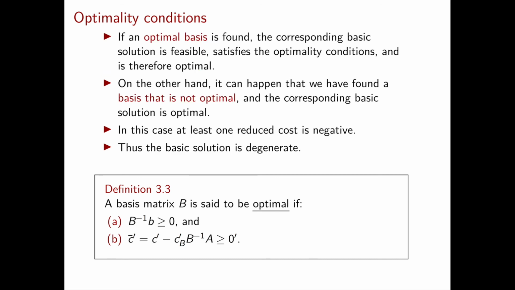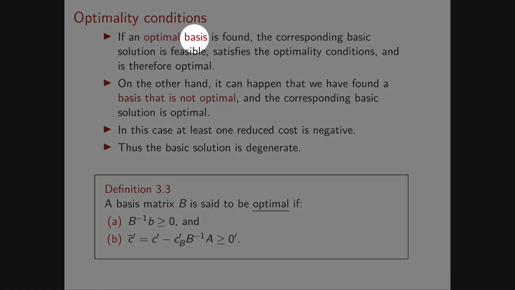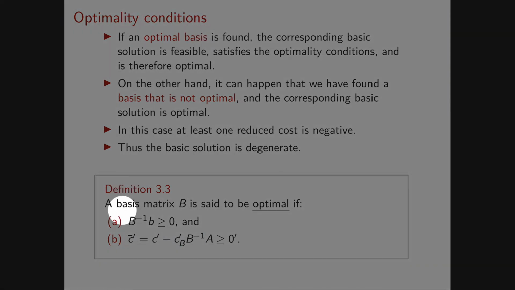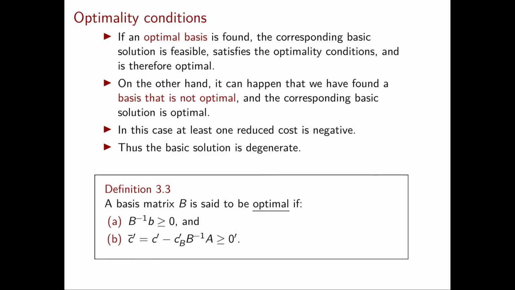So now, what is the connection between an optimal basis and an optimal basic solution? If we have an optimal basis, then the corresponding basic solution is feasible because of condition A, and it satisfies the optimality conditions thanks to condition B, and therefore it is an optimal basic feasible solution. So essentially, if we have an optimal basis, we also have an optimal basic feasible solution.